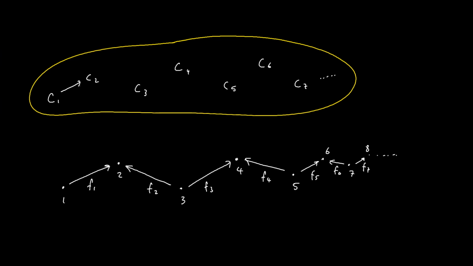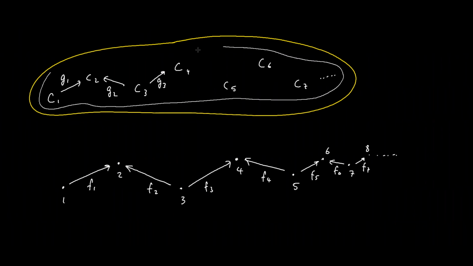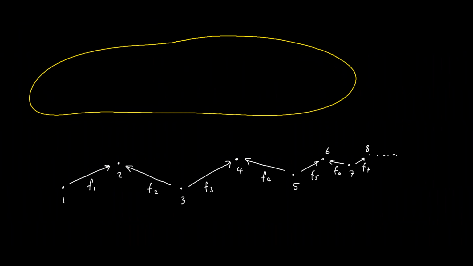In fact, if I want to be maybe more consistent in my notation, I'm going to use the following labeling. So I'm going to call this D1, D2, D3, and these ones I'm going to call D of F1.